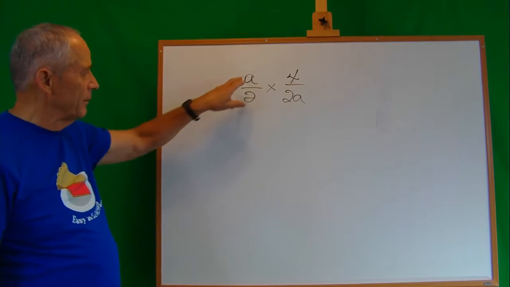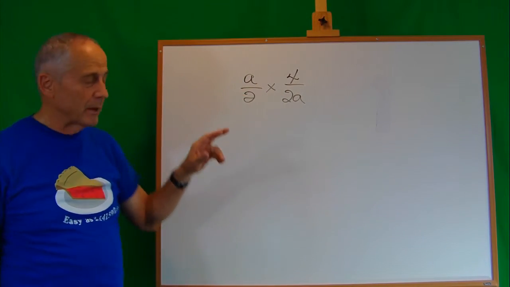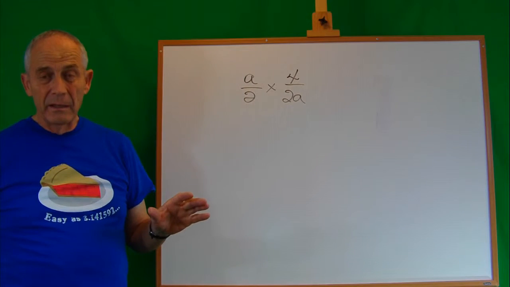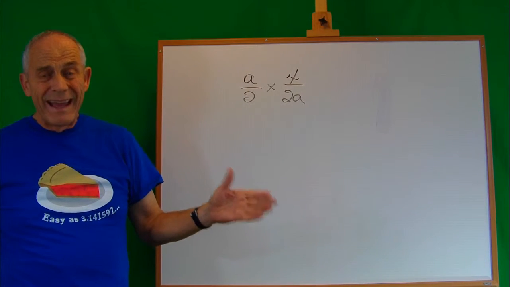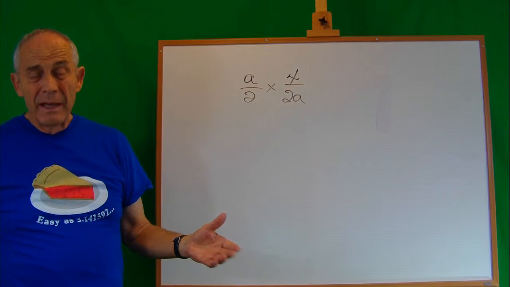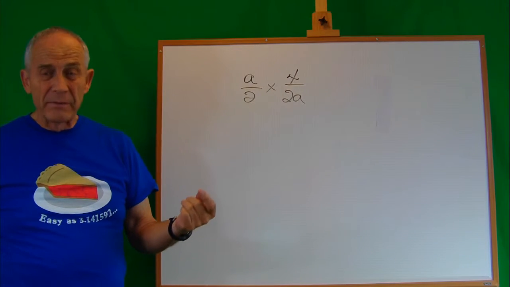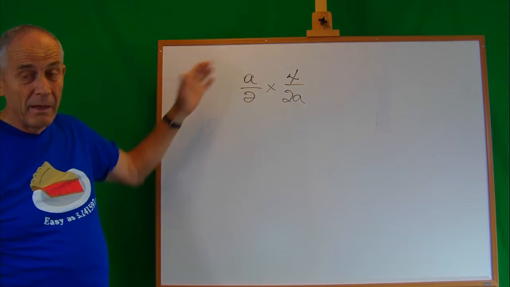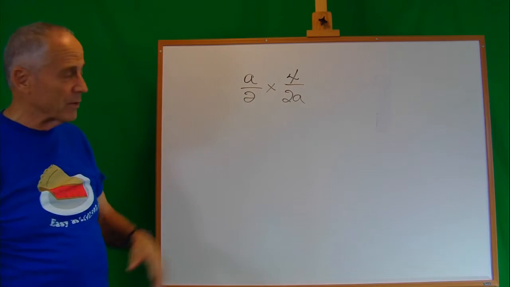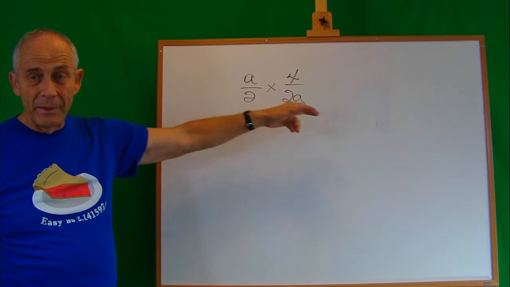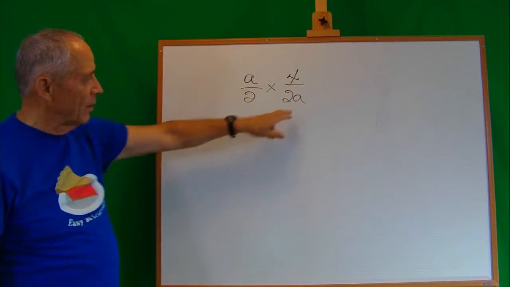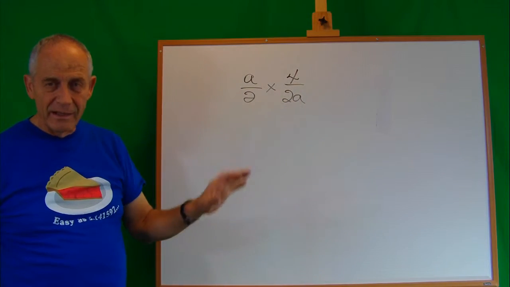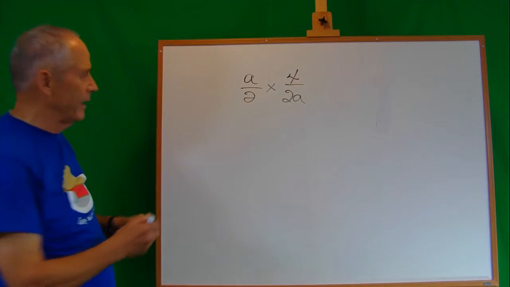So we look at this and we start just like we did before. Here's a factor of a. Now, I may not know what a is, but it is a number. And so if there's a factor of a anywhere in the denominator, since this one's in the numerator, then they cancel each other out. So I look down in my denominator, and sure enough, over here in the denominator is a factor of a.